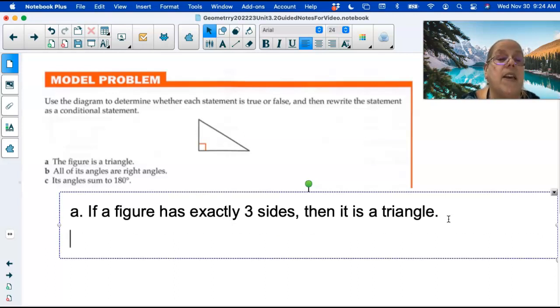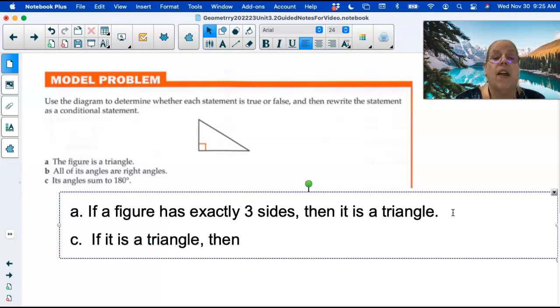Okay, now part C. If it is a triangle, then its angles sum to 180 degrees.